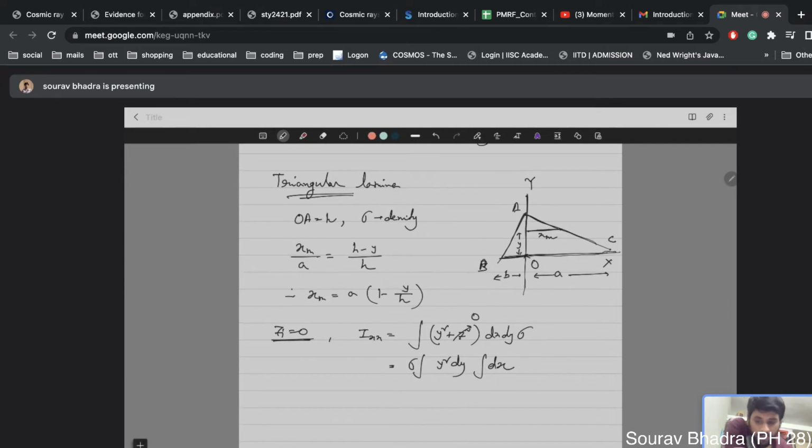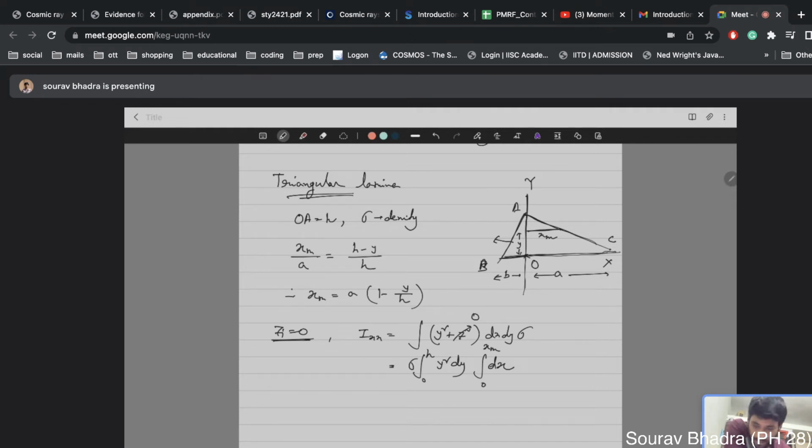Now what will be our limit? y is running from 0 to capital H, because our OA is capital H, the height of the triangle, and x will run from 0 to x_m. So x_m is the maximum value of x which we are considering.